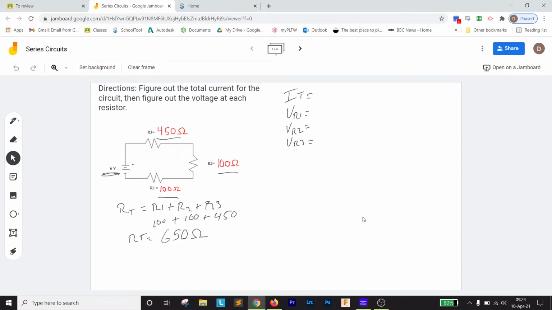Once we have the R total, we can figure out the current total, because current total, I total equals V total divided by R total.